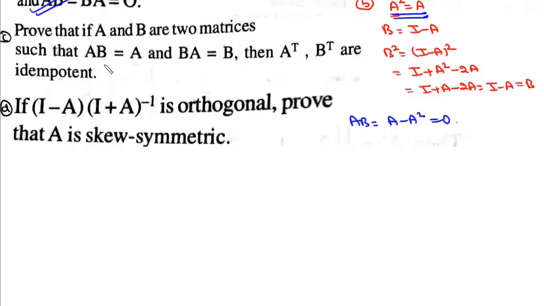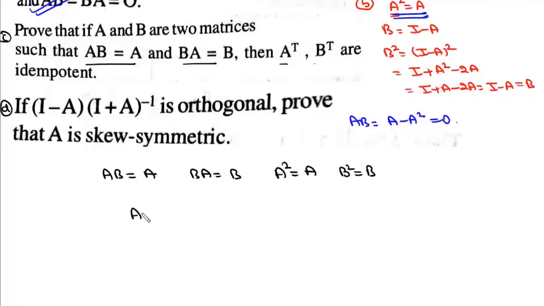Now this third one is, if A and B are two matrices such that AB equals A and BA equals B, then A transpose and B transpose are idempotent. Now we have already proved that if AB equals A and BA equals B, then A square equals A and B square equals B. Now for this transpose, we can write this as A transpose square, and A transpose square is A square transpose.